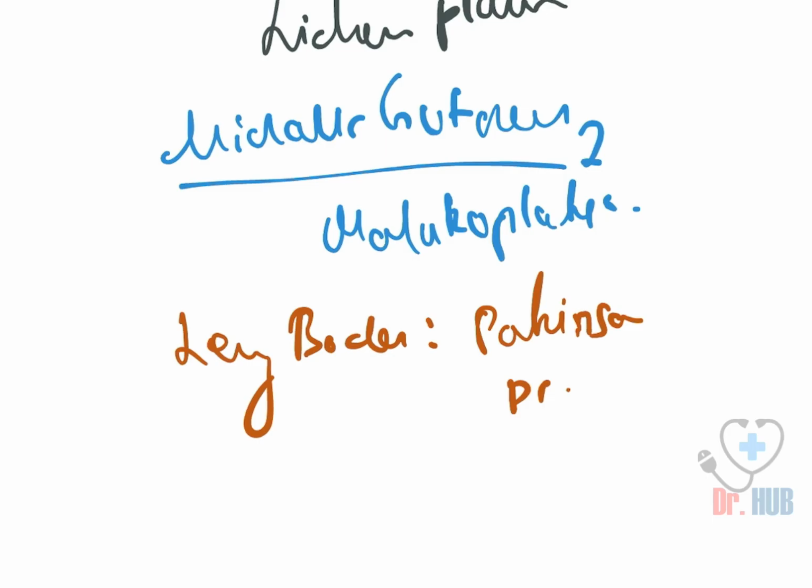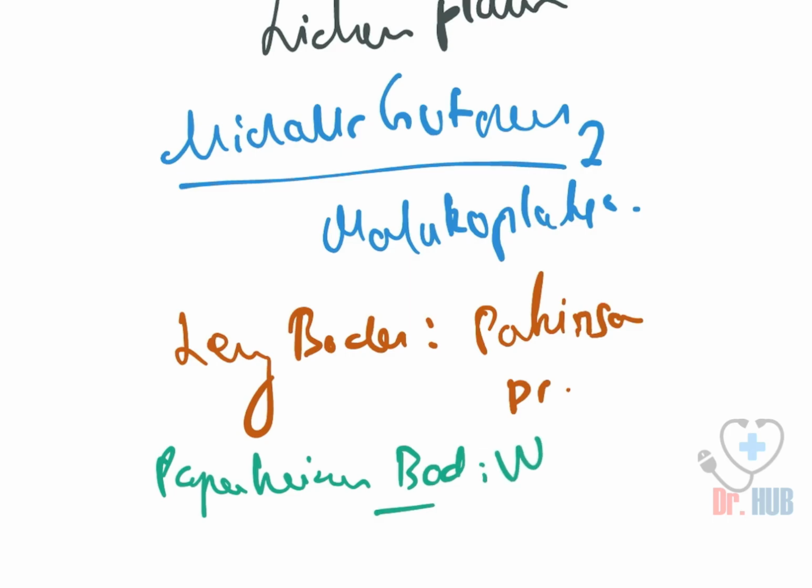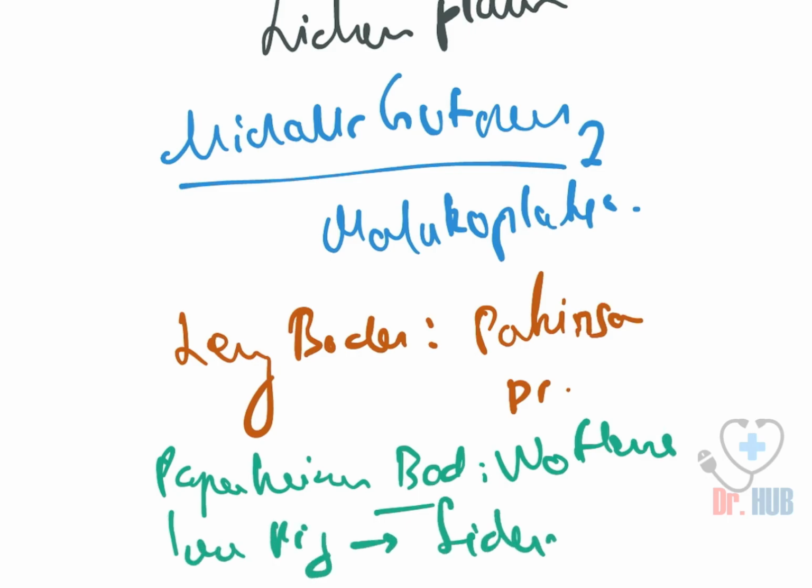Then looking at the Pappenheimer bodies. The Pappenheimer bodies are non-heme iron pigments, and this is of the siderocytes.